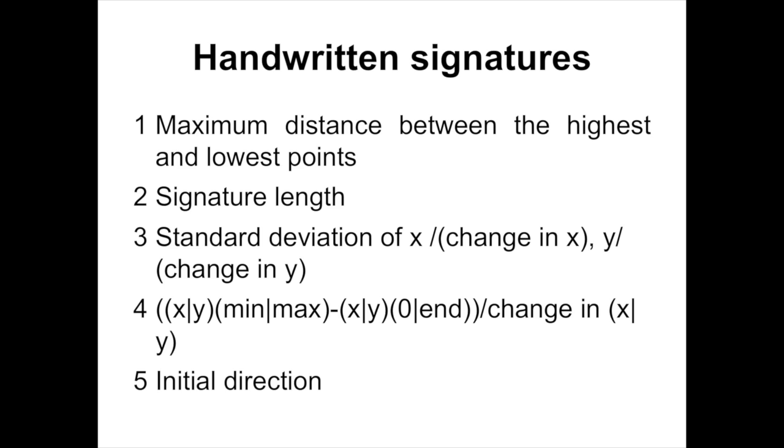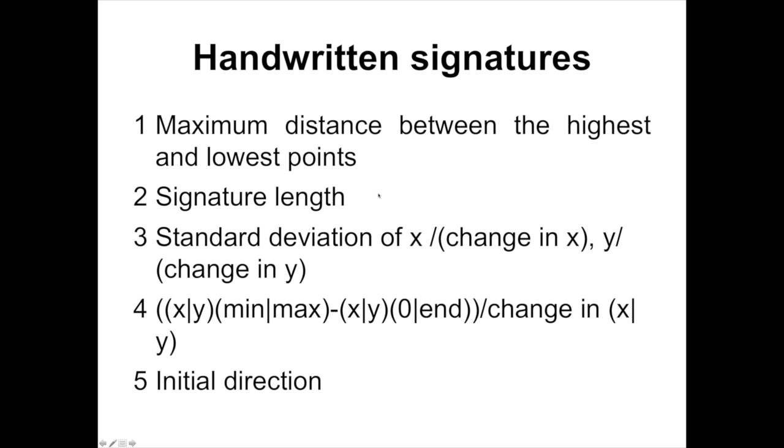In an electronic world, we have sensors where we can validate the signature live. This is a very interesting science, and it is still experimental. Of course, there are also machines that work very similar to fingerprint scanners. They can validate your signature by looking at it in static mode. We look at things such as the maximum distance between the highest and lowest point in the signature.